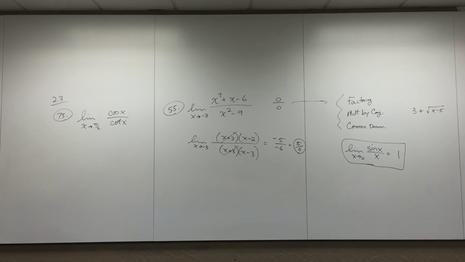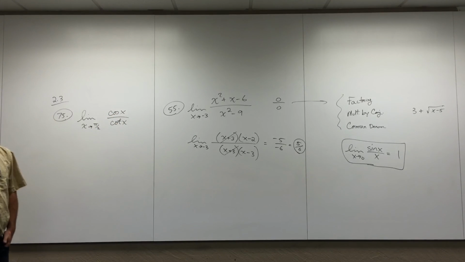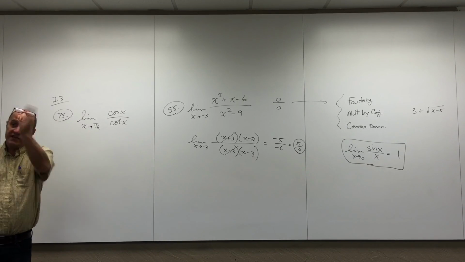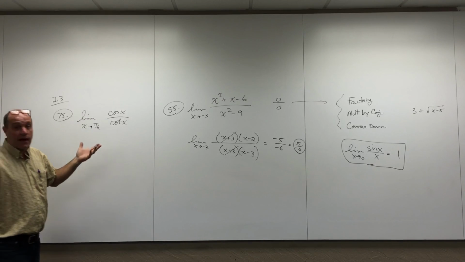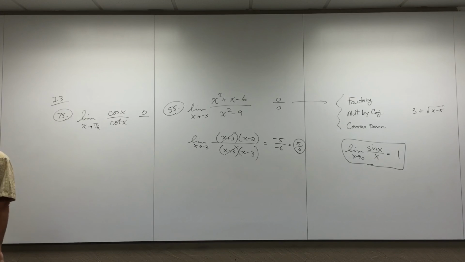Anyway, what's step 1 though? Before I go crazy, I plug it in. Maybe I get an answer. If I plug in pi over 2 to the cosine? I don't know how much trig I need to remind you of. Pi over 2 is 90 degrees, and the cosine of 90 degrees is 0. So that's a 0. The cotangent of 90 degrees, boy, I'm not too good at that.